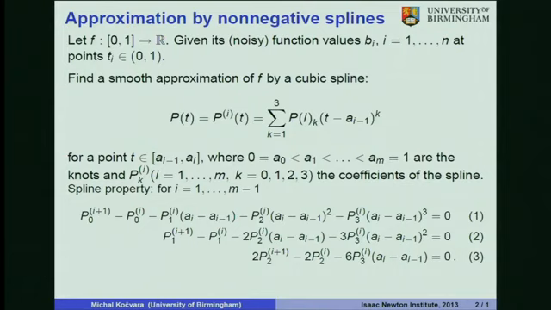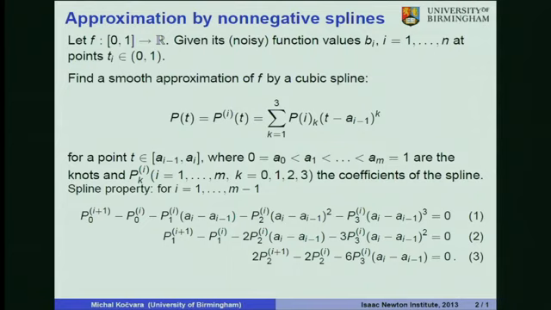Let's say the function is defined between 0 and 1, and it's a noisy function, so there's some perturbation in the values. So what we have is just some noisy values, p_i, at some points on that interval 0, 1.